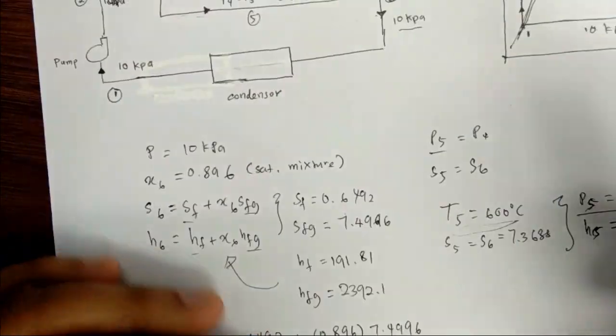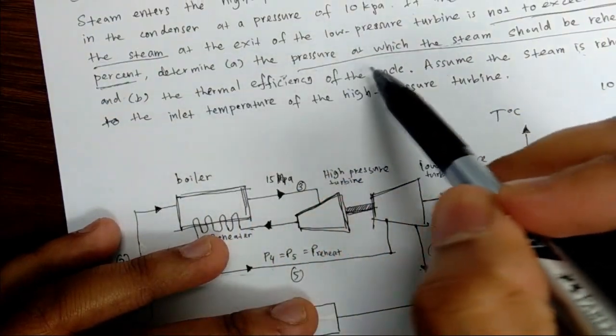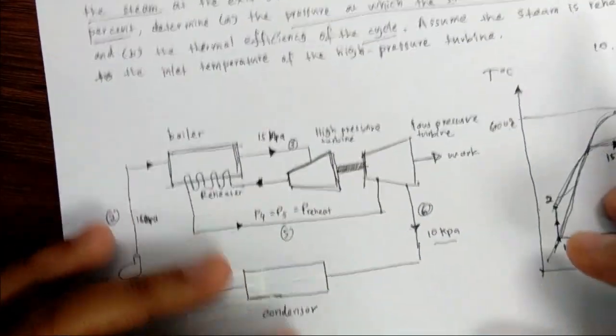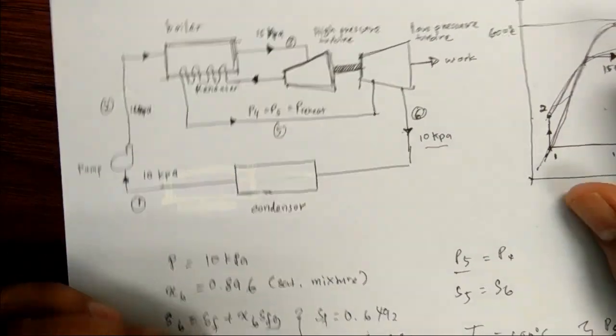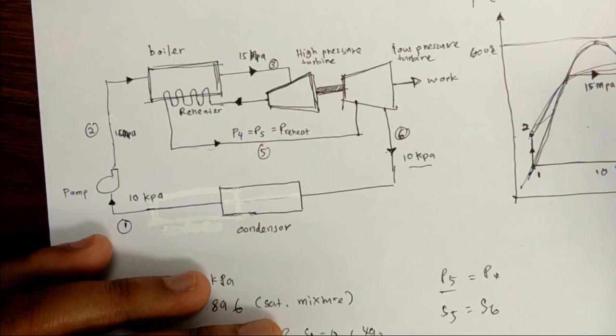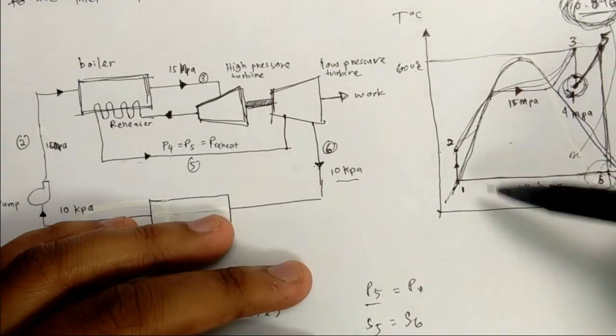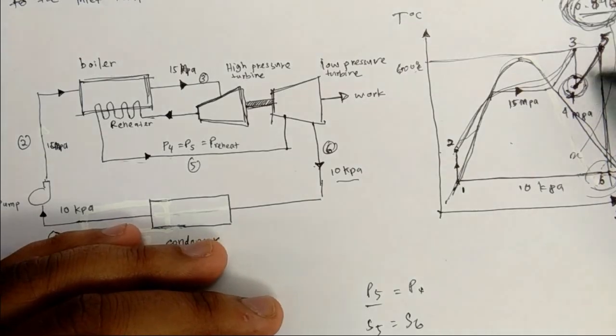Okay, so next is to find the thermal efficiency of the cycle. This is the same calculation process as when you calculate the thermal efficiency for an ideal Rankine cycle without the reheating process.